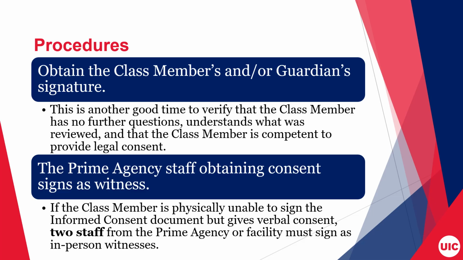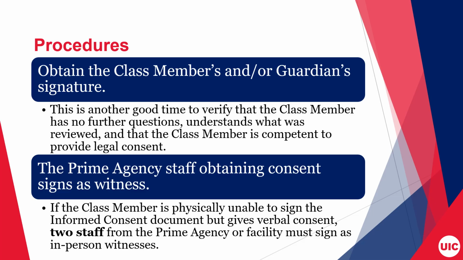Finally, after ensuring that the member or their guardian has no further questions and understands the document, you can obtain their signature. If a class member has a legal guardian, the legal guardian's signature is required in order to be effective. The informed consent document requires a witness signature. This should be the person obtaining the consent.